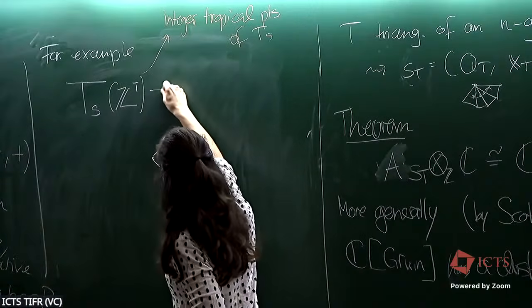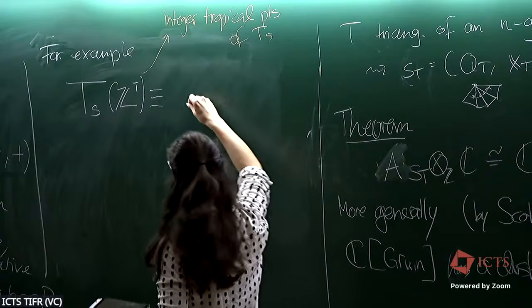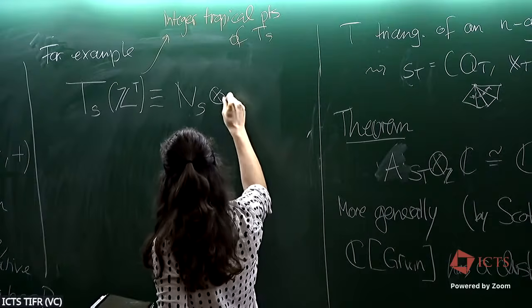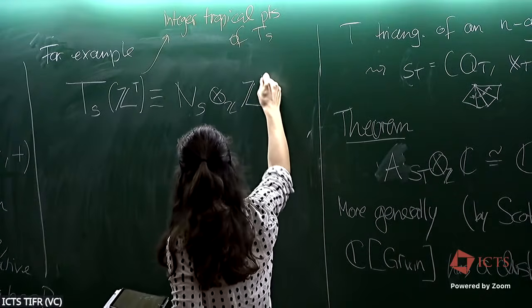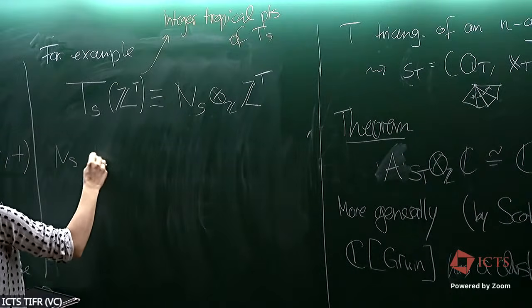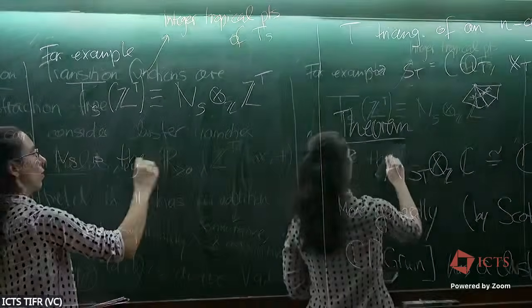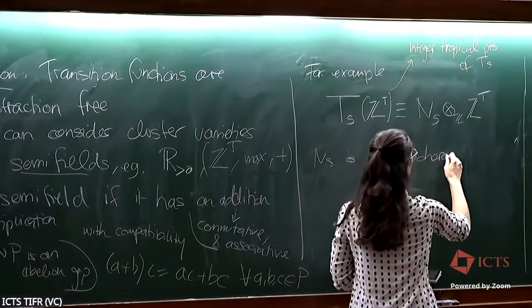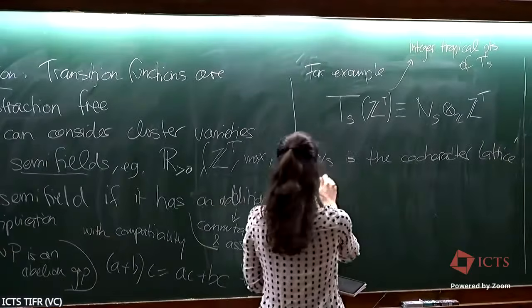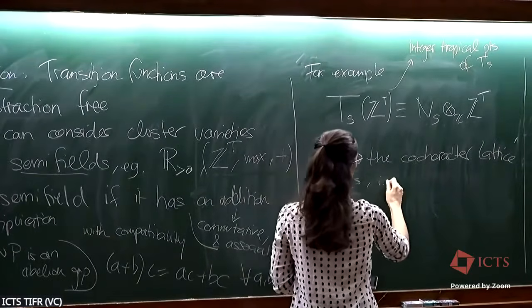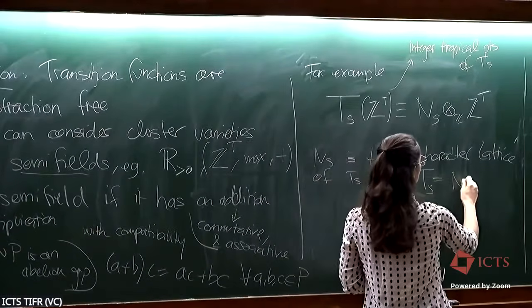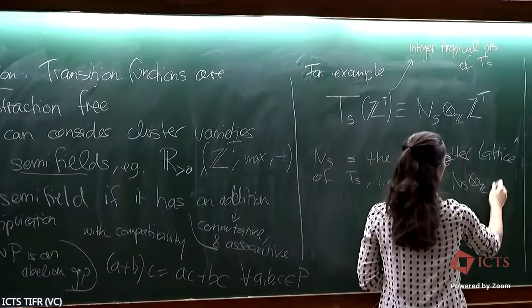This can be identified with the cocharacter lattice of my torus tensored with this semifield. As a reminder, N is the cocharacter lattice. That means I can get my torus by taking this lattice and tensoring it with C star.